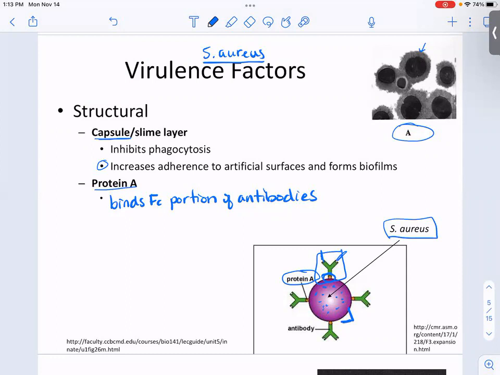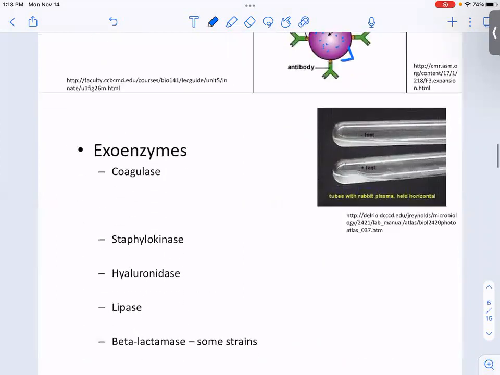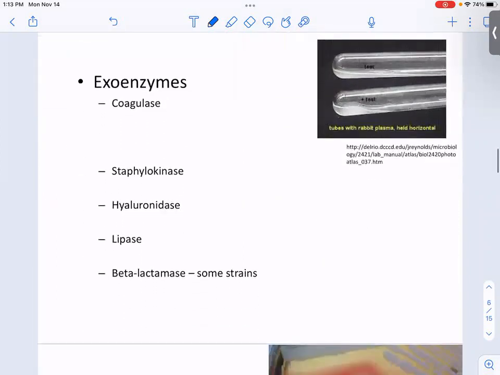Okay. A number of different exoenzymes can be secreted by Staph aureus. Another one that you learned about in lab, coagulase. The function of that is that it clots blood. So that is going to help the organism establish an infection.